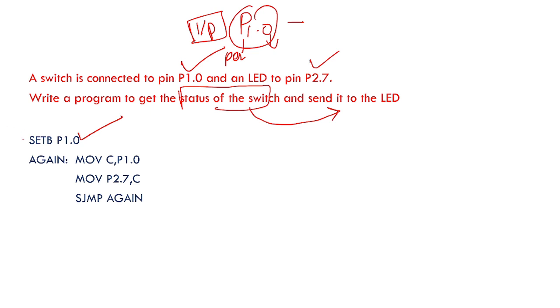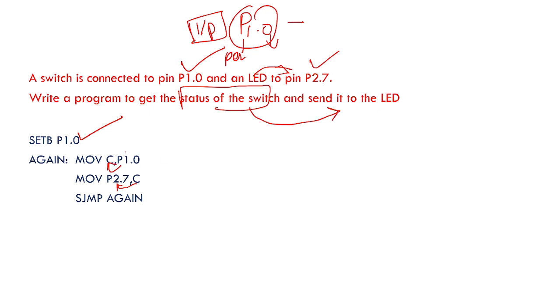I just keep on monitoring this input port which we configured. Whatever status is coming goes to C, and from C it goes to port 2.7, because that is the pin where we connected the LED. If it is 1, the LED will glow. If it is 0, it will not glow.